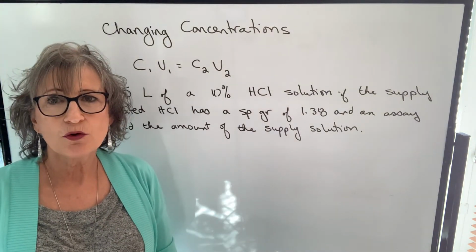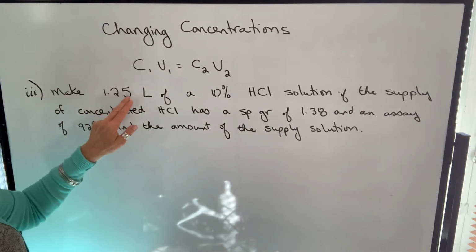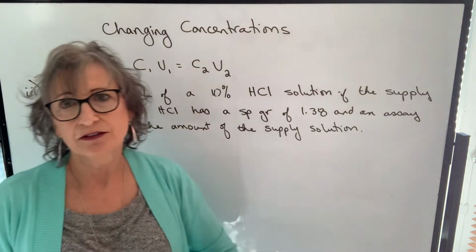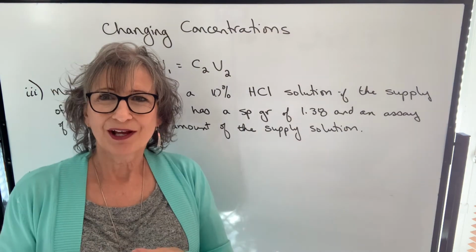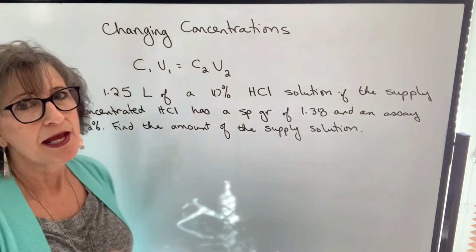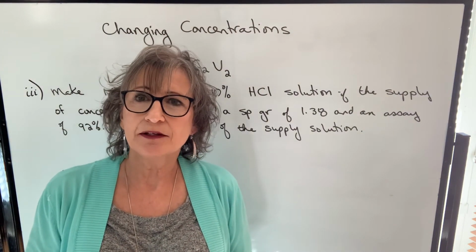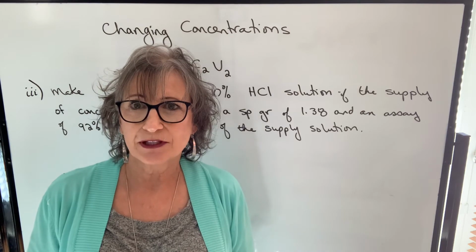So we need to know how much of that supply solution do we use to get 1.25 liters of a 10% working solution. What I like to do is outline each of these values and make sure that the units are consistent with each other, and then it gives me a good idea of what my unknown is.